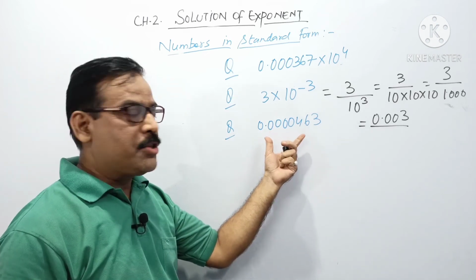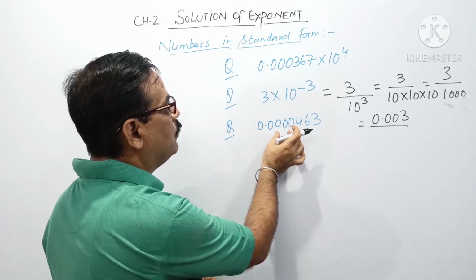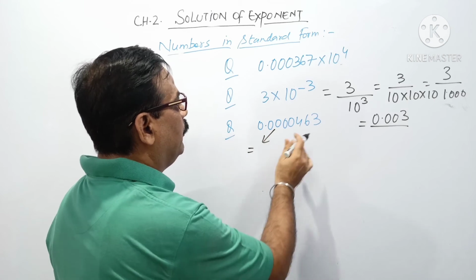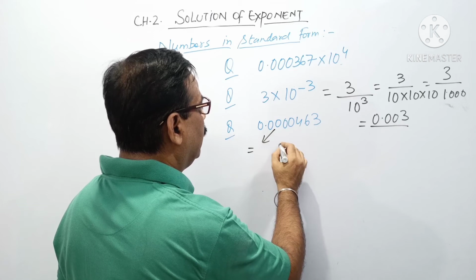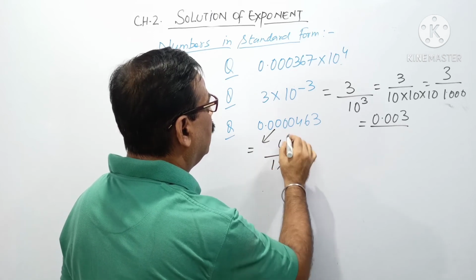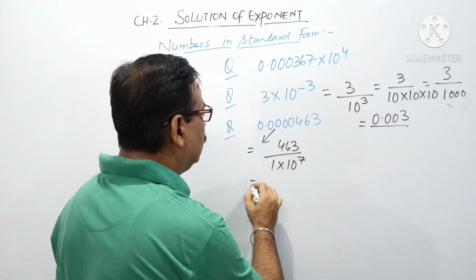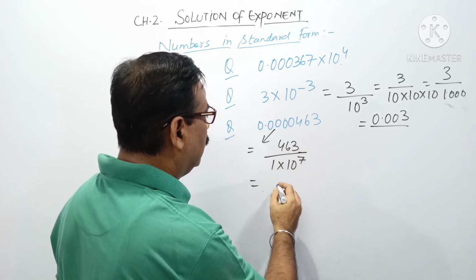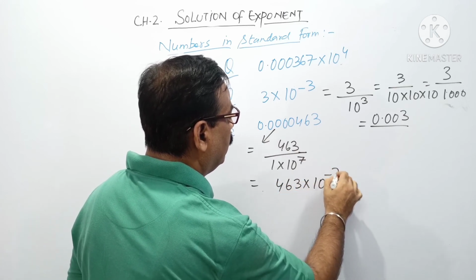Moving towards the next question, in the third question 0.0000463 is given. Since there are 7 decimal places, we can write 463 over 1 followed by 7 zeros, that is 10 to the power 7. When we move from the denominator to the numerator, we write 463 into 10 to the power minus 7.